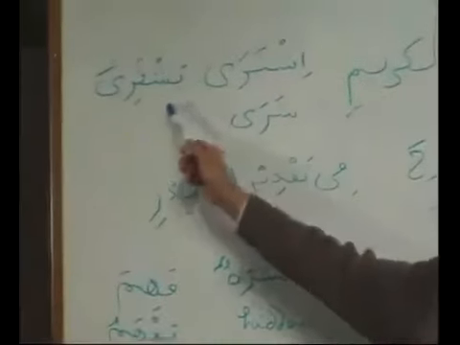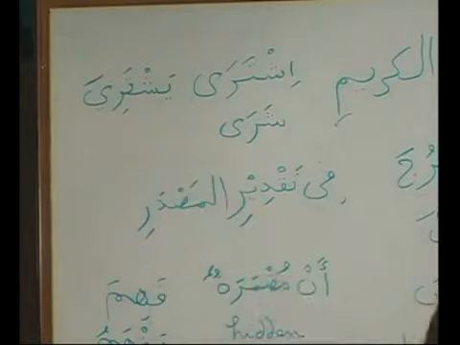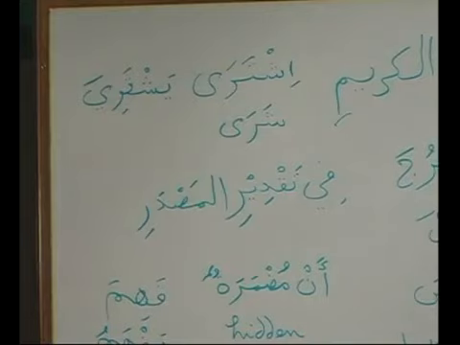Okay, brothers and sisters, look at it on the board. Ishtara yashtari. Can you see, brother? Ishtara yashtari. Yashtari. Okay? We only give fatha if it is mansub. Yashtari, tashtari, tashtari, ashtari, nashtari. Li ashtariya. To purchase. Are you with me? To purchase.